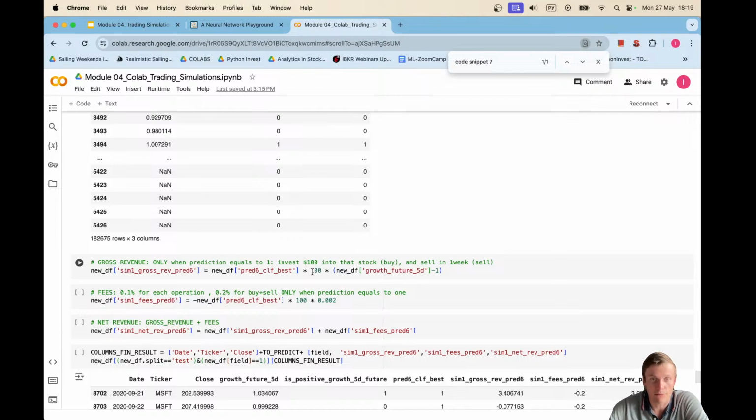In your case of a home assignment, you may need to adjust this 100, and you may need to have it 110 or 150 or 130, depending on the probability, and you will get a different financial result.